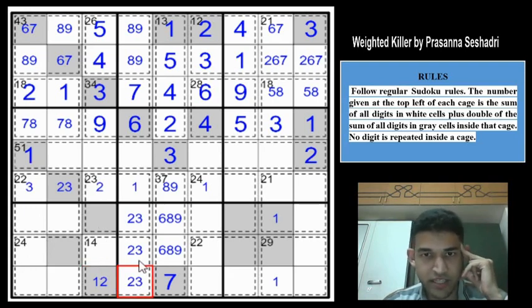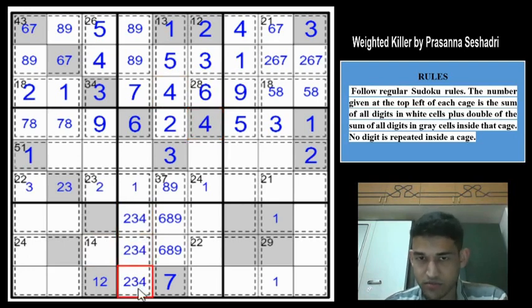I think 14 is quite restricted now. You also have a 4 in columns 5 and 6, which means 4 must be going into these 3 cells. So I think we can do something with the 14 now, because it's very restricted.